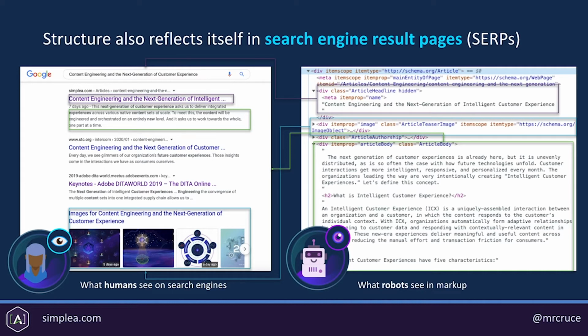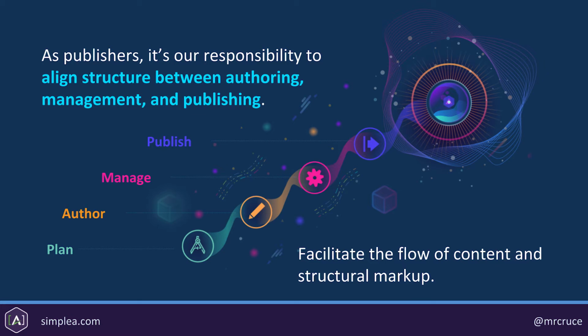But as WordLift and other organizations are proving, there is an ability to draw a relationship between structured data and rankings in head-to-head tests. So as publishers, it's our responsibility to align structure between authoring and management and publishing to facilitate the flow of the content items and the structural markup that gets rendered out to browsers and robotic consumers.